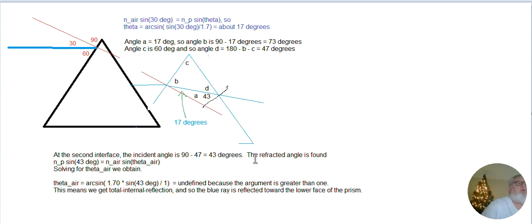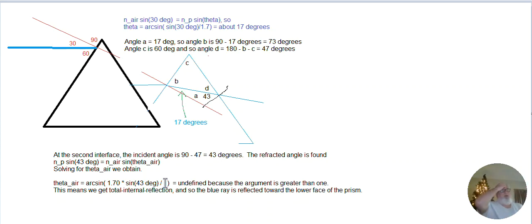That's our incident angle. Once again, we're going to take Snell's law and solve it for theta, the refracted angle into the air. It is arc sine of 1.7, the index of refraction of the material in the prism, times sine of 43 degrees, divided by the index of refraction of air, which is 1.